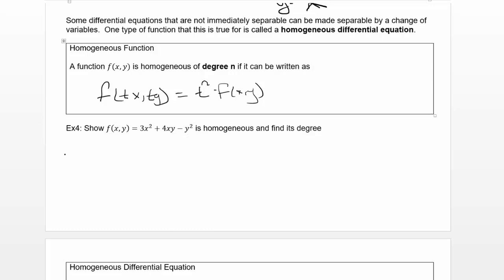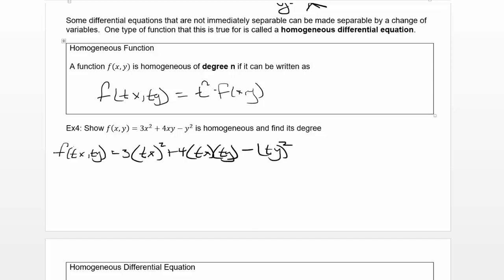To test if this is homogeneous, and I'm going to show that it is, and also find its degree, I'm going to figure out what f of tx comma ty is, which in this case is 3(tx) squared plus 4(tx)(ty) minus (ty) squared, which is 3t squared x squared plus 4t times t is t squared, x times y is xy, minus t squared y squared.